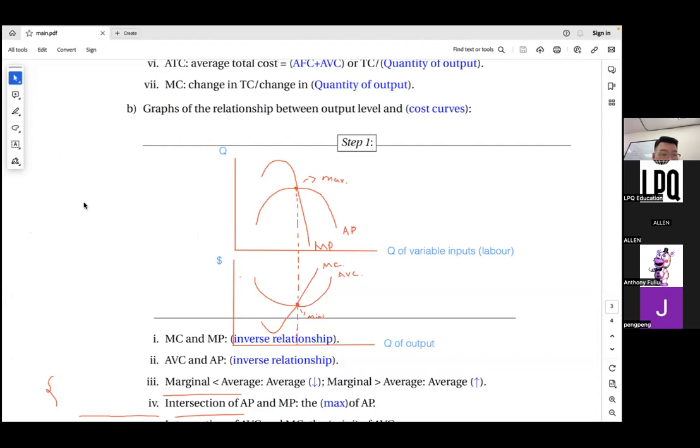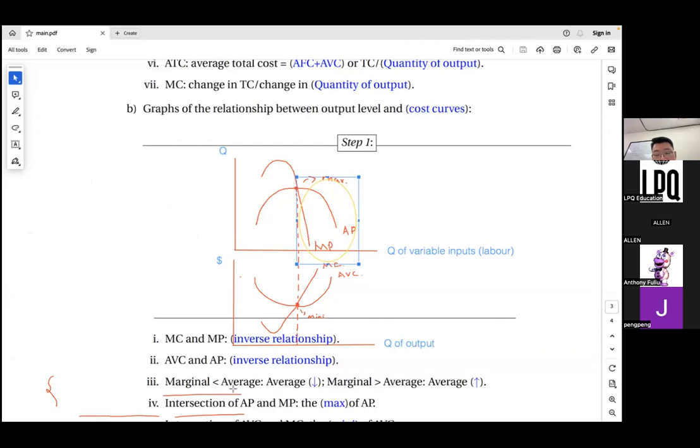Let me show you what happened in this circle. You see, MP is lower than AP.